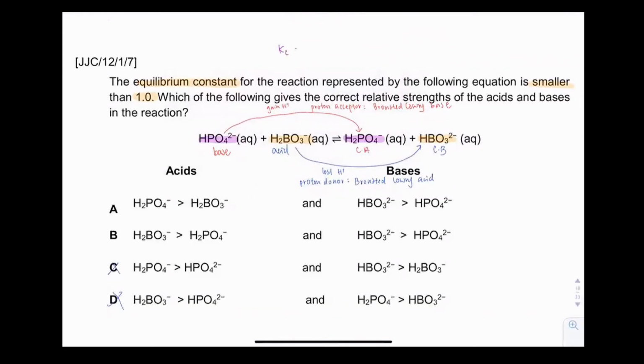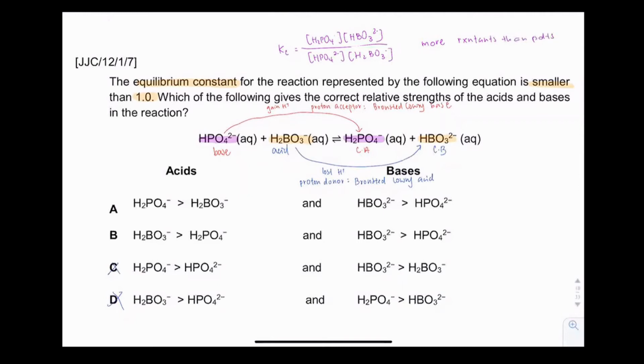So Kc equals the concentration of products over the concentration of reactants. Hence, if the value is smaller than 1, what does it tell us? It tells us that we have more reactants than products.